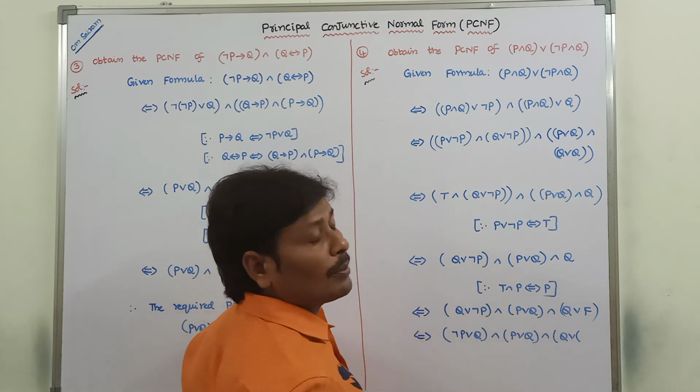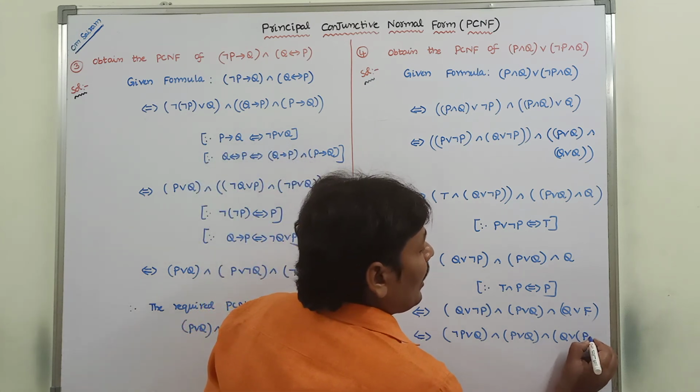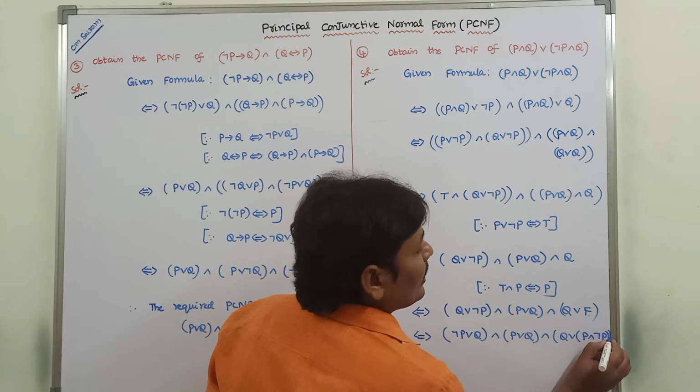So what is the missing term here? P. So P and negation P I am writing.